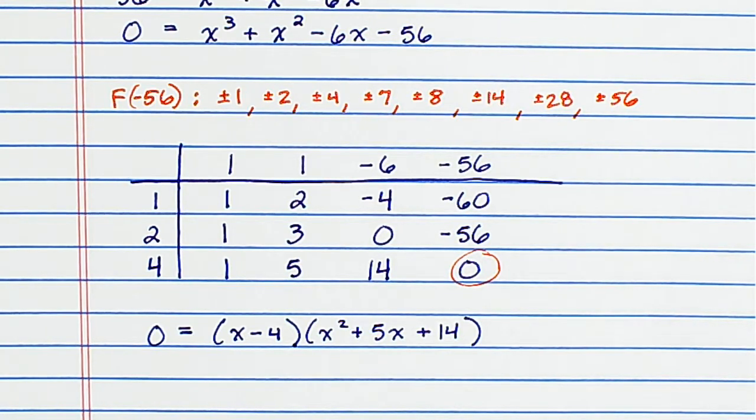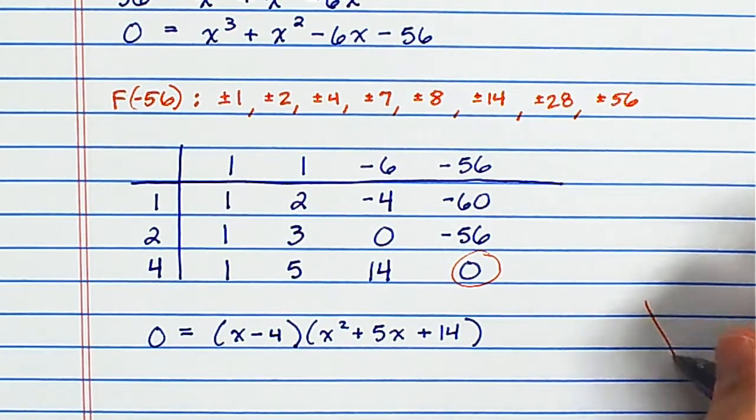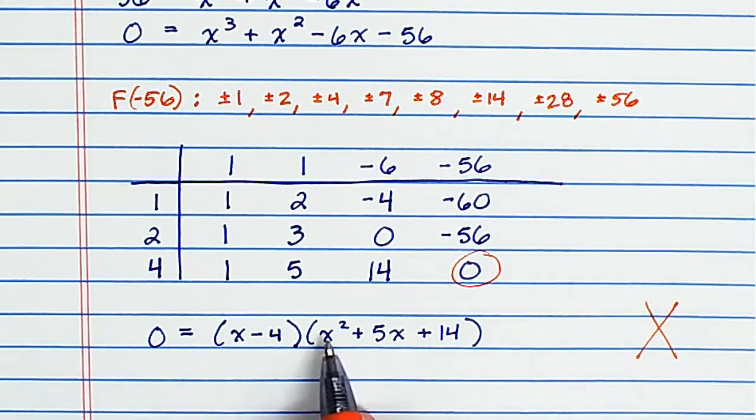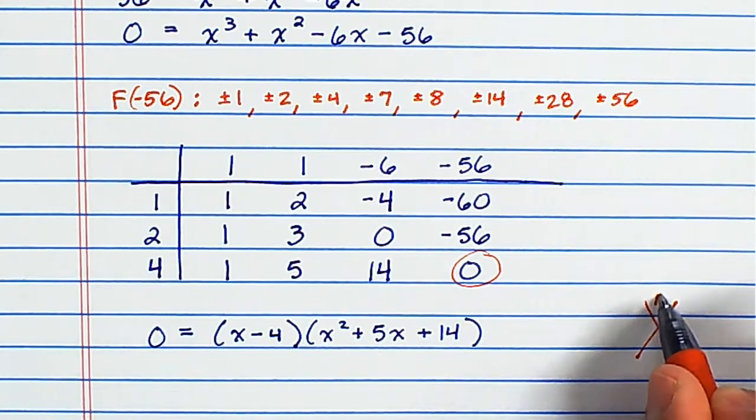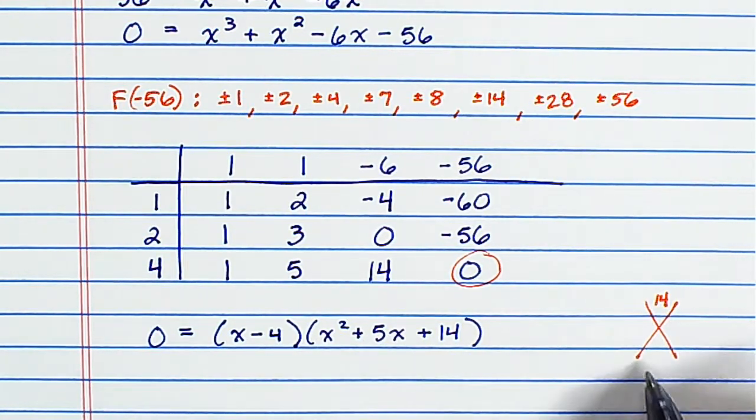So this is a trinomial, and to be honest with you, it says that we're solving, so it's not asking for the factored form. I would go to the side and probably try my little x. 1 times 14 is 14, and then positive 5. And there is no way to get 14 and 5.